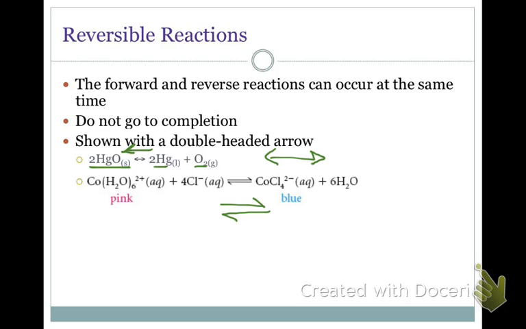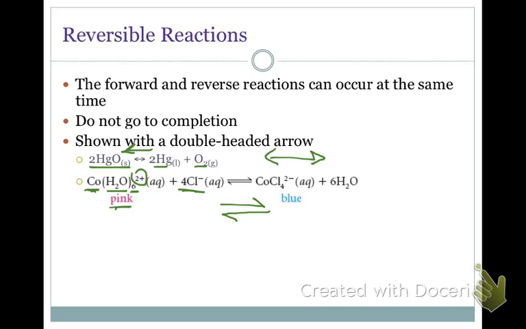We have another reaction here. This is called cobalt, because of that cobalt right there, hexa, that's 6, aqua. So the cobalt hexaaqua ion, because we have an ion right there, is normally pink, and we'll be using this in lab as well. So it's a pink solution.